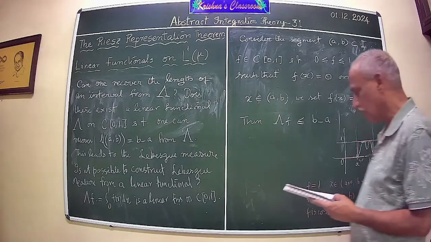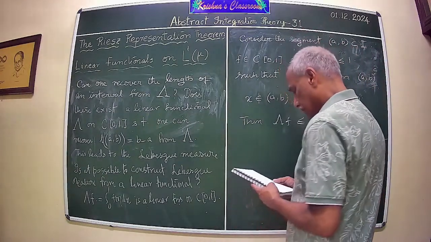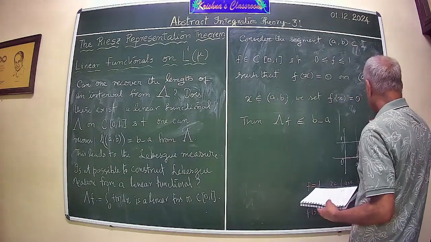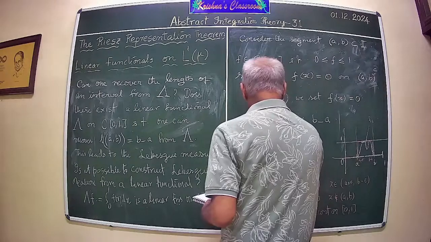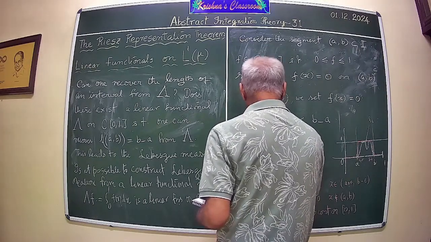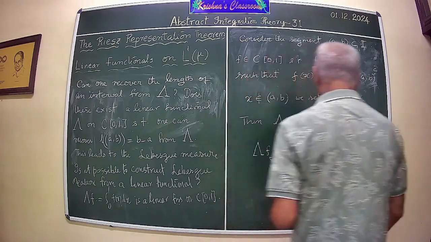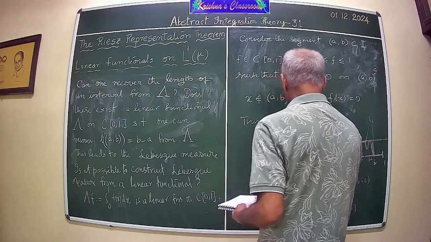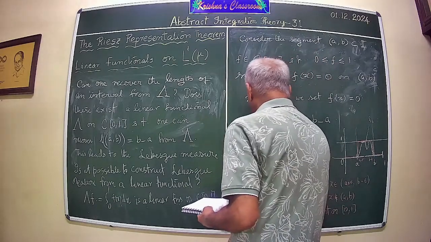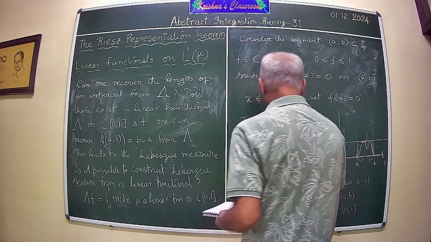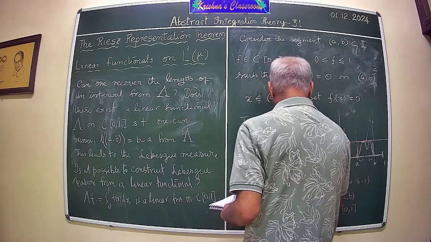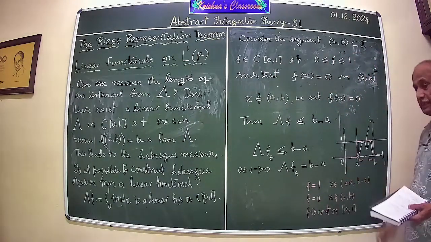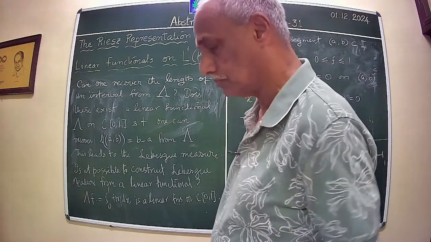Okay. Now, for such functions, you can get a sequence. So, if you call this f epsilon, then lambda of f epsilon is bounded by b minus a, and as epsilon tends to 0, this is something that you can always do.